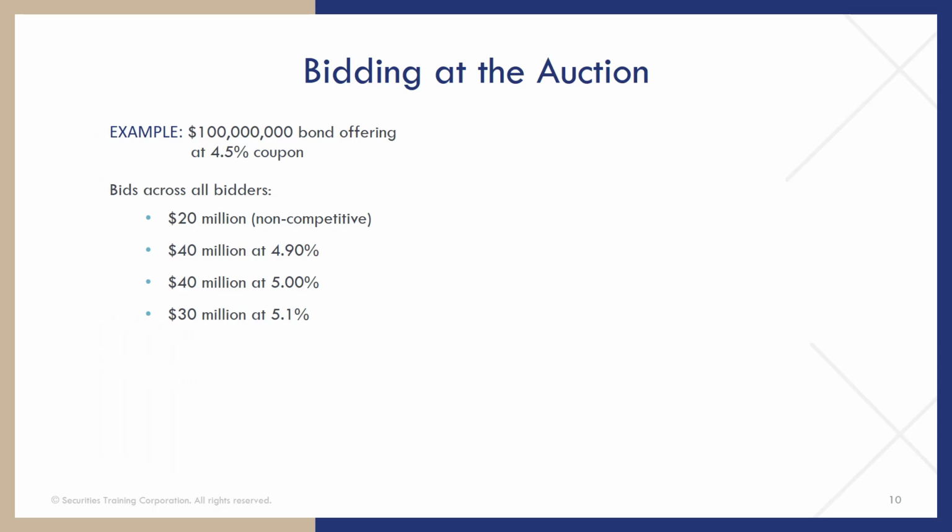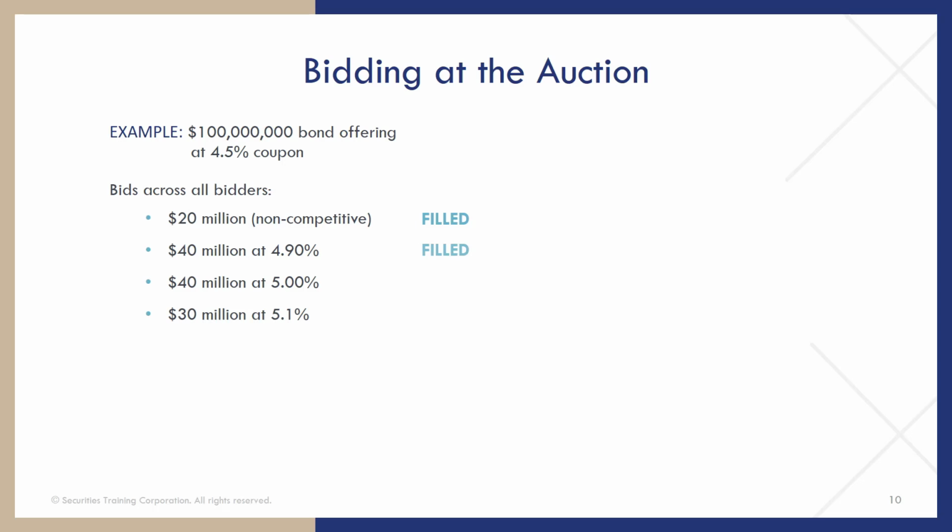So what winds up happening is the $20 million worth of non-competitive bids will be awarded. They will be filled. Then the $40 million worth of 4.9% bid will be awarded because they were willing to pay the highest price or take the lowest yield.